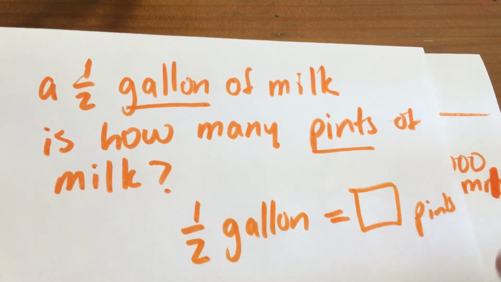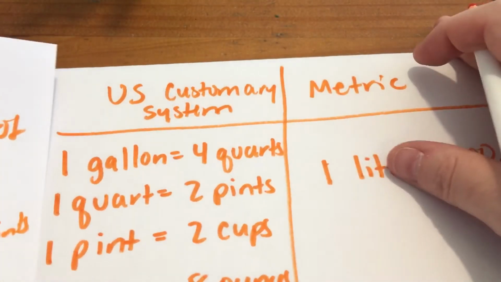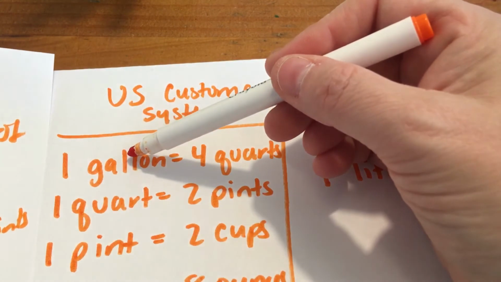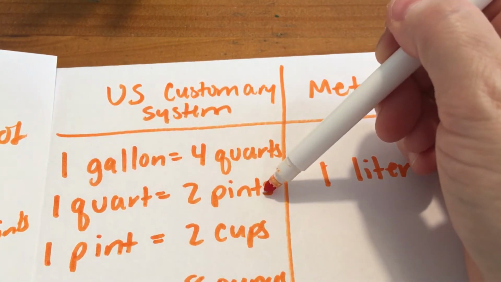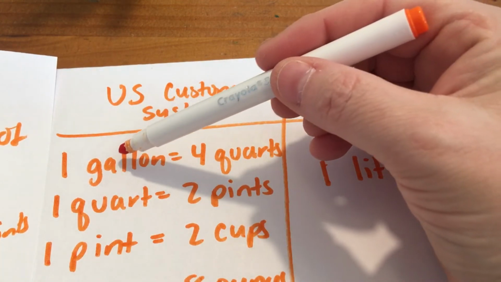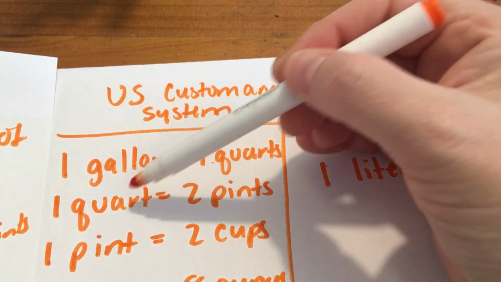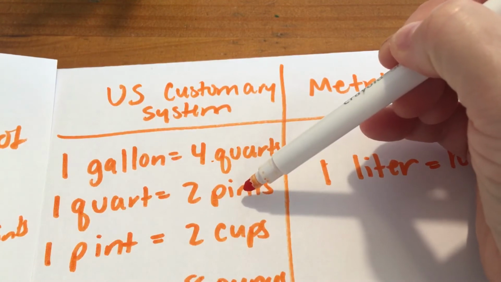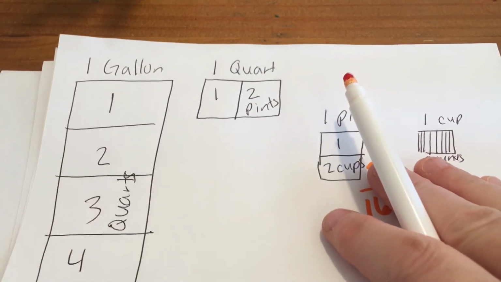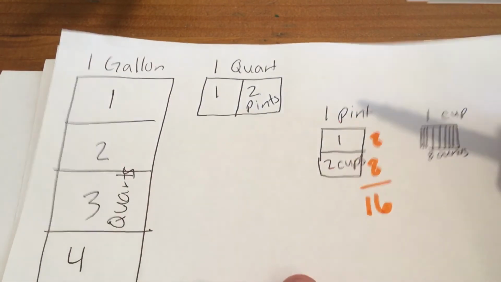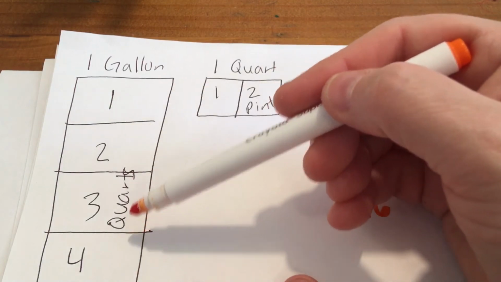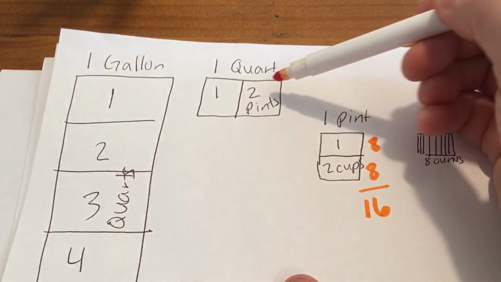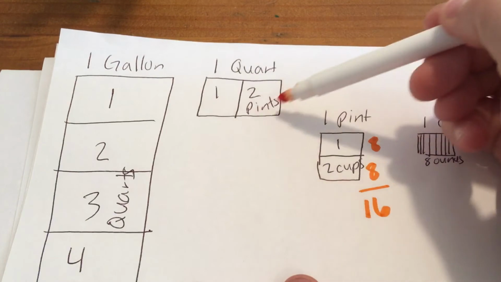Sorry about that. So let's look at this. We're going from gallons to pints. So notice here that 1 gallon is 4 quarts. 1 quart is 2 pints. So let's bring our picture back. 1 gallon is 4 quarts, or 1 quart is 2 pints.